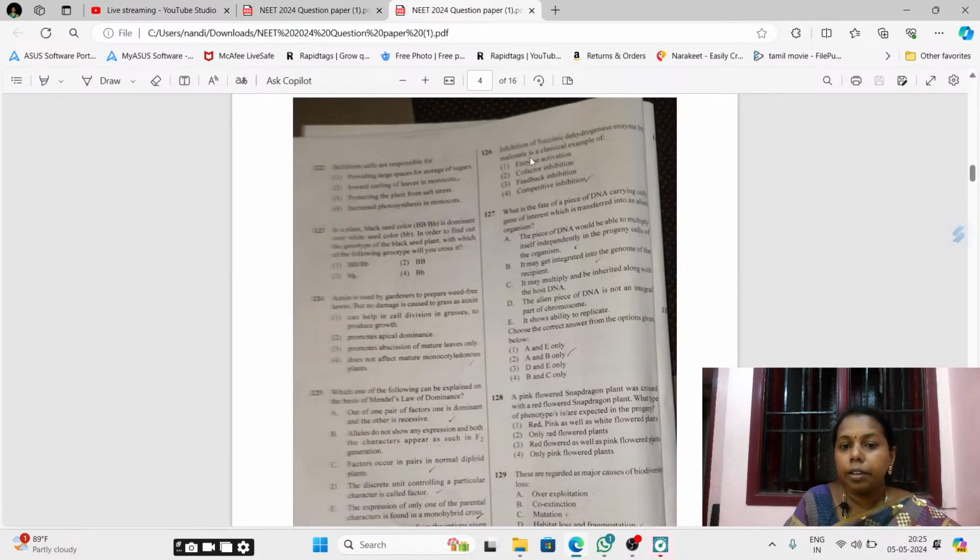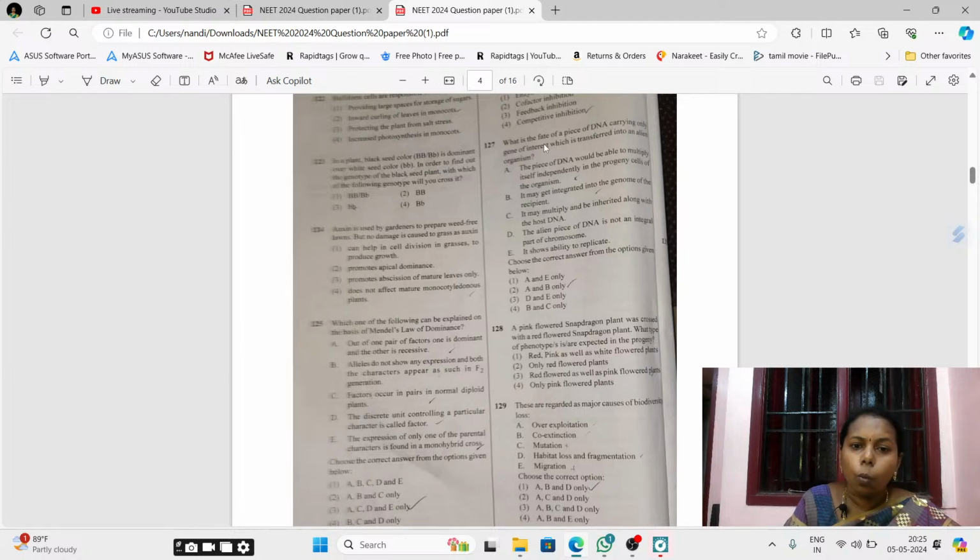Now, next one. Inhibition of succinate dehydrogenase enzyme by malonate is a classical example of competitive inhibition, again from biomolecules. 126, option D. Now, 127. What is the fate of a piece of DNA carrying only the gene of interest which is transferred into an alien organism? So it is not an embryo, it is an organism they are transferring.